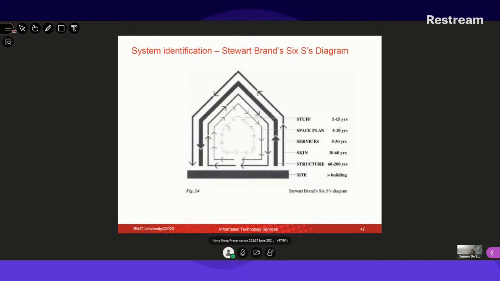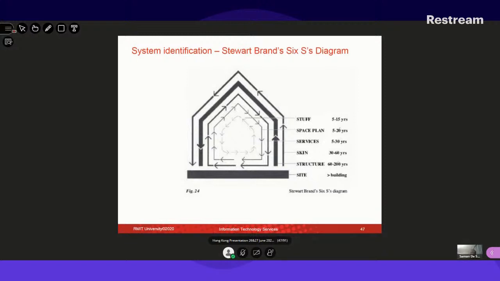Site, then the structure, you can see the arrowheads, and then the services, which is water supply, sewer, electricity, ventilation, and all that. Space plan, which means this inner one is basically your interior setting of the thing.